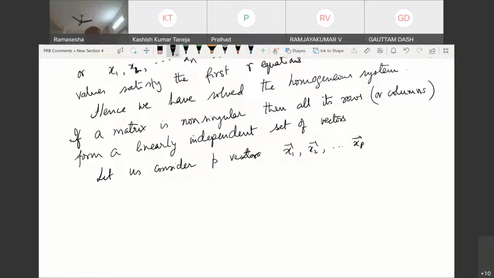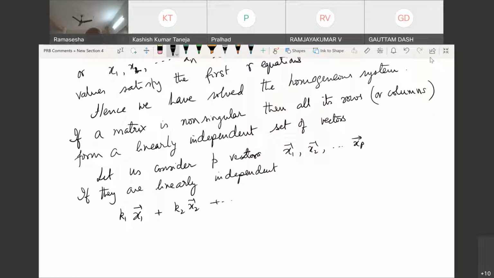Now, if they are linearly independent, then k1 times x1 plus k2 times x2 plus etc. plus kp times xp is equal to 0 only has the trivial solution. That is, k1, k2, kp are all 0.